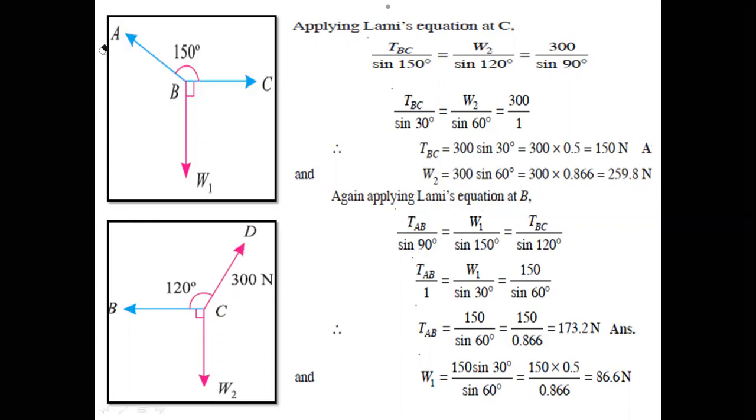Now we can observe that the value of TBC has been obtained, which is 150 Newton, and W2 is also obtained. So we can use the obtained value of TBC here.